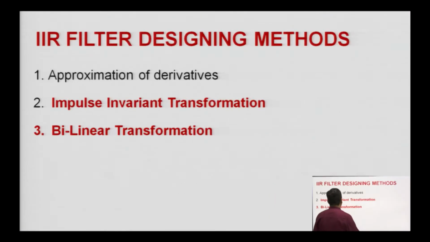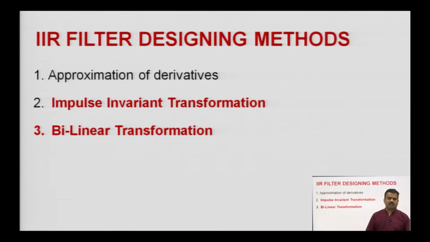These are the designing methods of IIR filter: approximation of derivative method, impulse invariant transformation method, bilinear transformation method, and so on. But these are the main methods. The first method, approximation of derivative, I told in my previous video lecture, lecture number 9 I think.